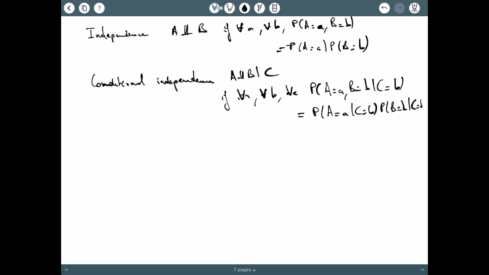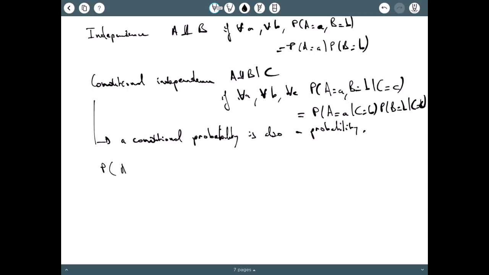Here, if you remember that a conditional probability is also a probability distribution, you can see that we just use the independence with a probability that happens to be conditioned with respect to C. Now, how do we define a conditional exactly?